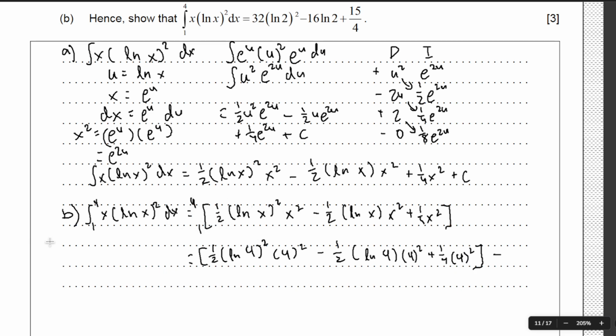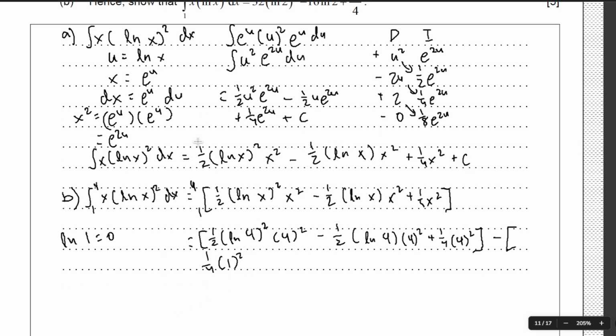Now what we begin to notice is that we would be substituting 1 into our ln x, but ln 1 is actually equal to 0. So this would be 0, this would be 0, and we would be left with this. So we would only need to be subtracting from that 1 over 4 times 1 squared.